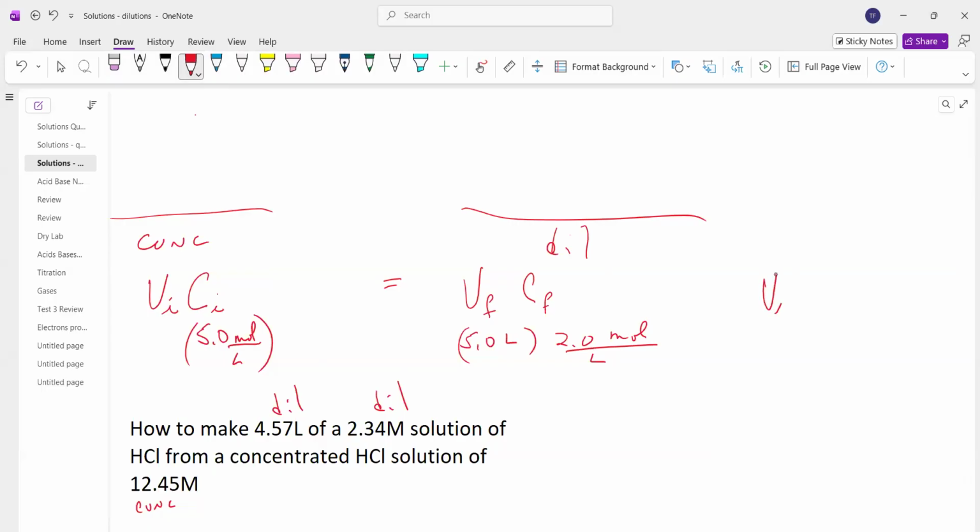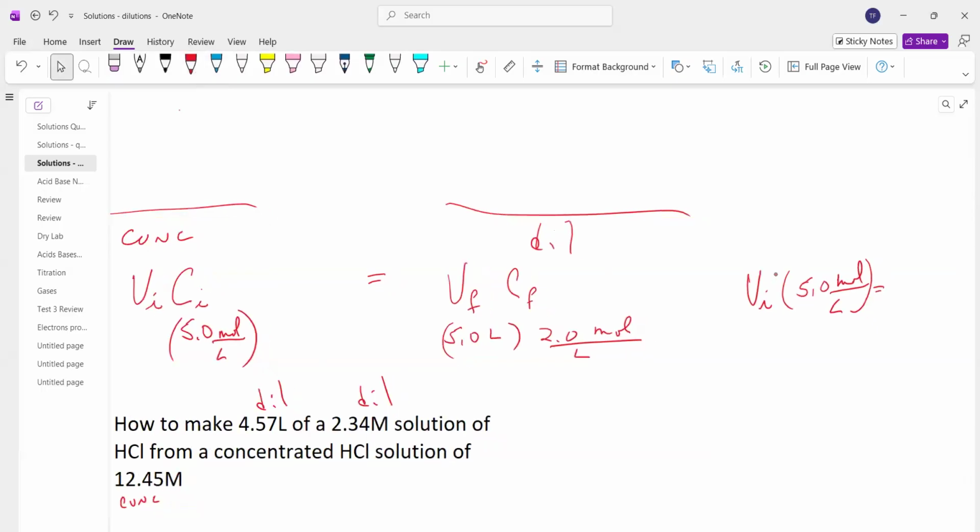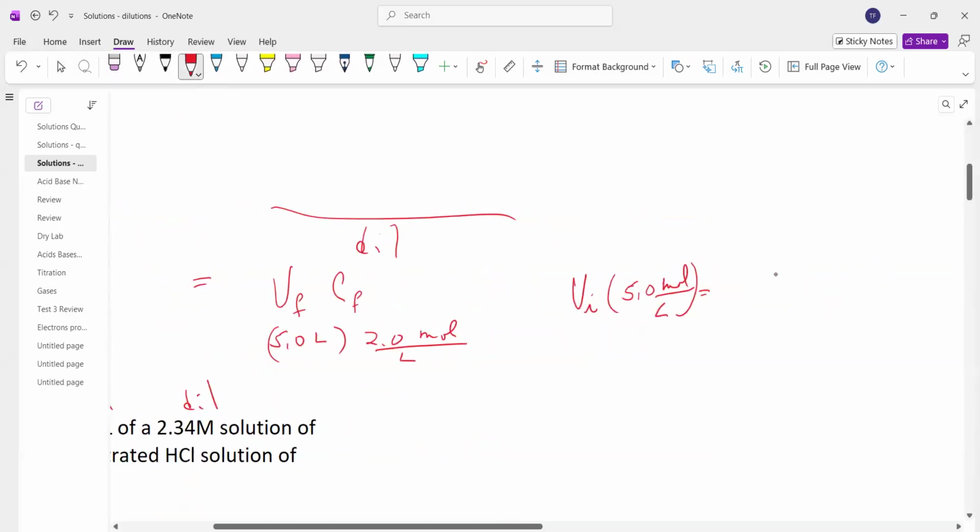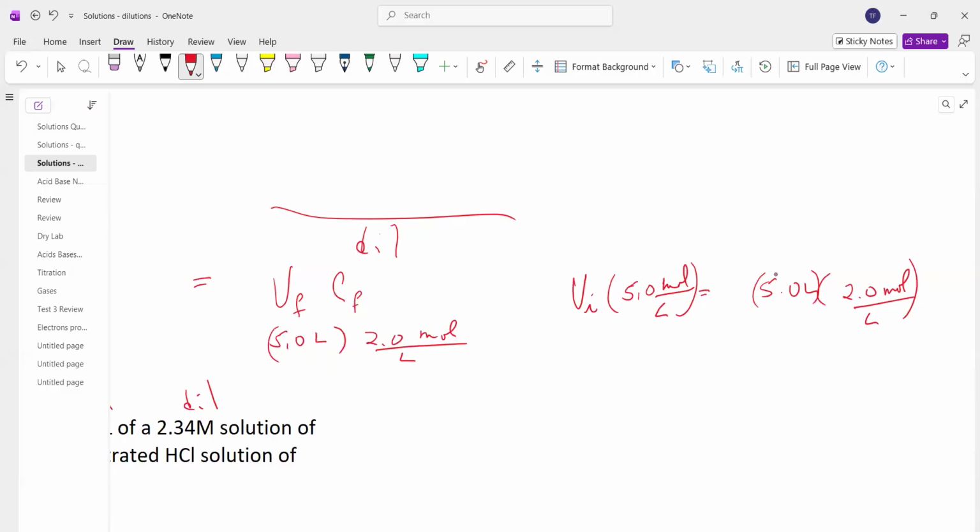So this is the concentrated and this is the dilute.